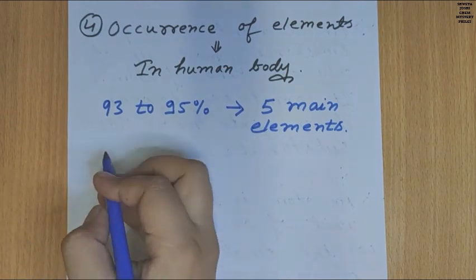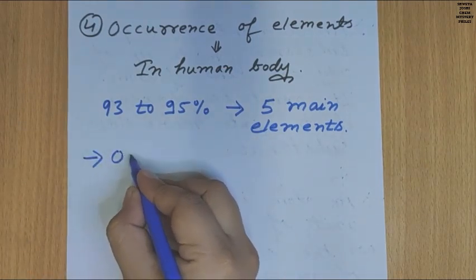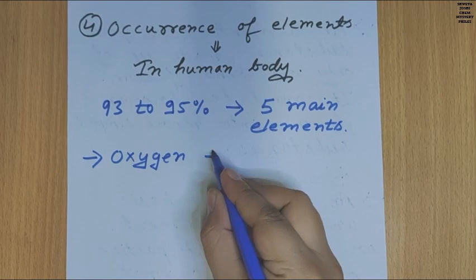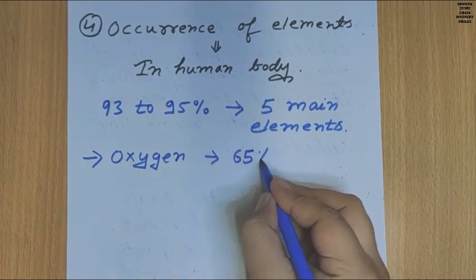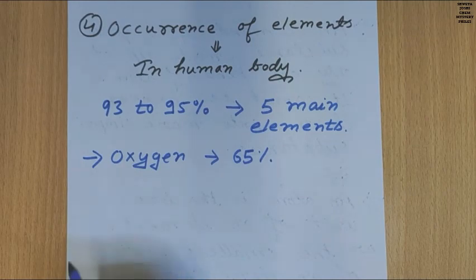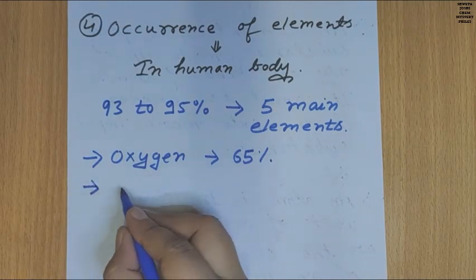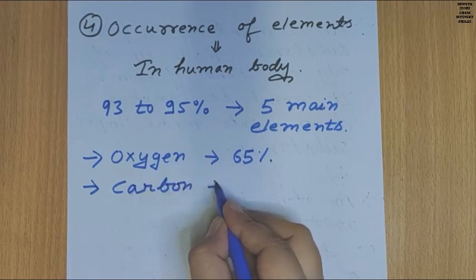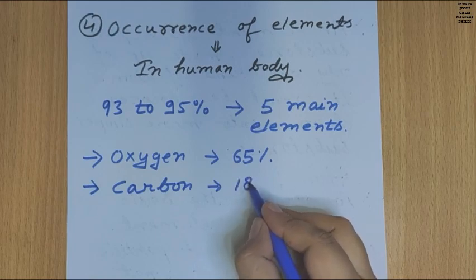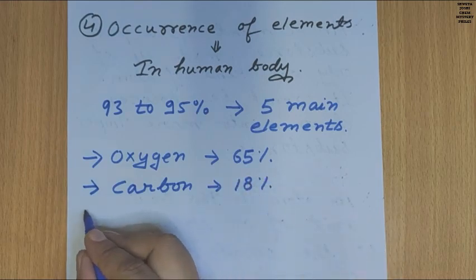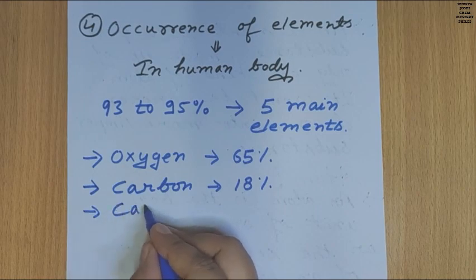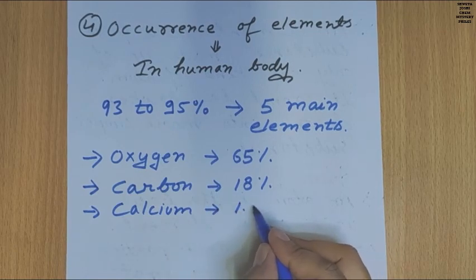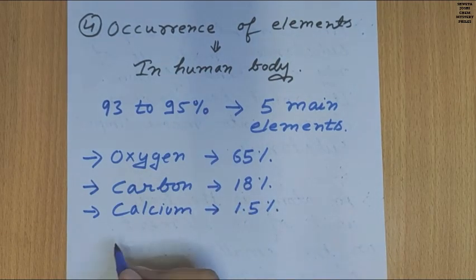And these 5 main elements are oxygen, around 65% oxygen is present in the human body. Next is carbon, and its percentage is 18%. Next is calcium, 1.5% approx.